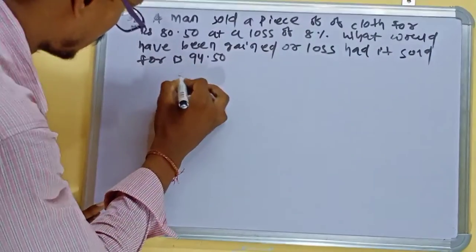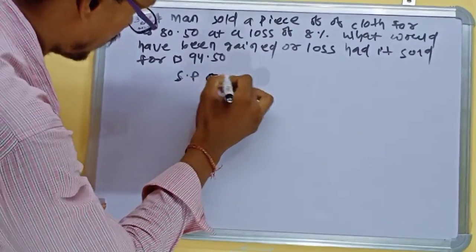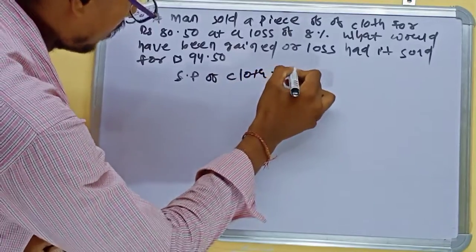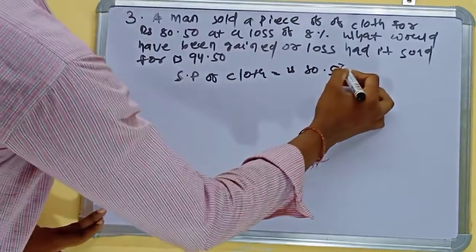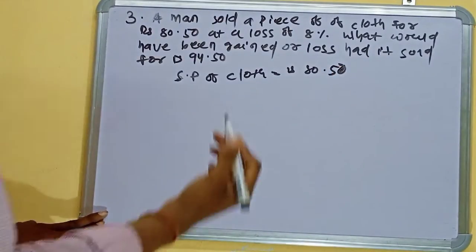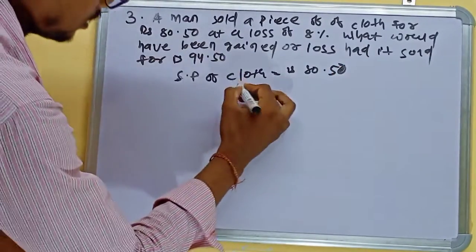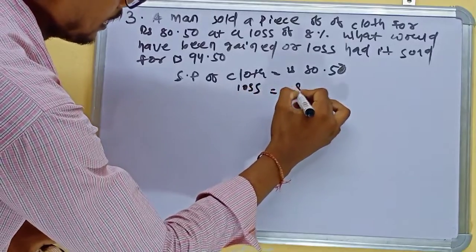Here, SP of the cloth is rupees 80.50 paisa, loss 8%.